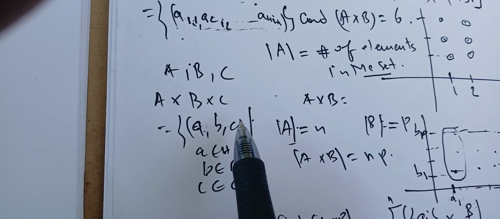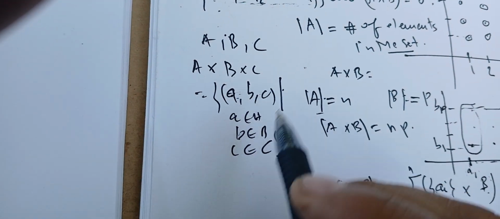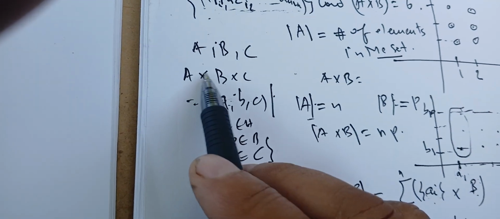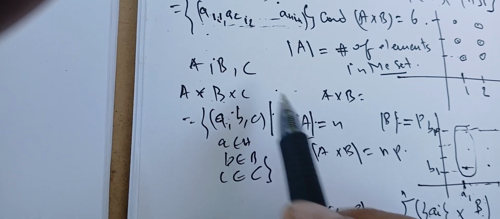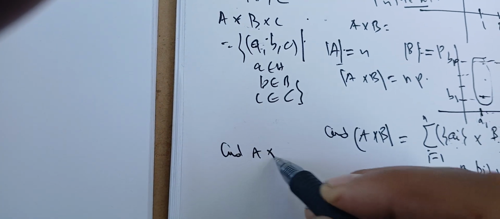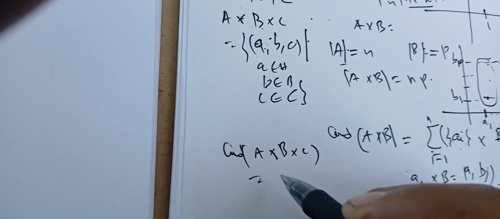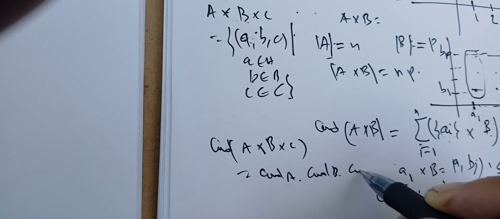In general, if these sets are finite, which is what we need in this case, then the cardinality of A cross B cross C is the cardinality of A times the cardinality of B times the cardinality of C.